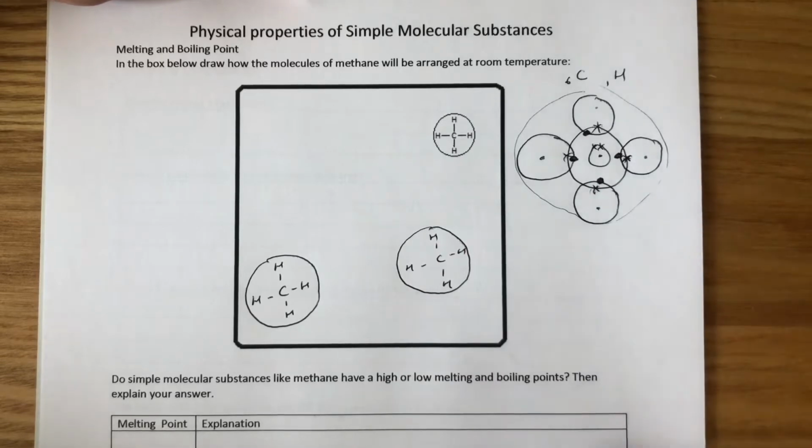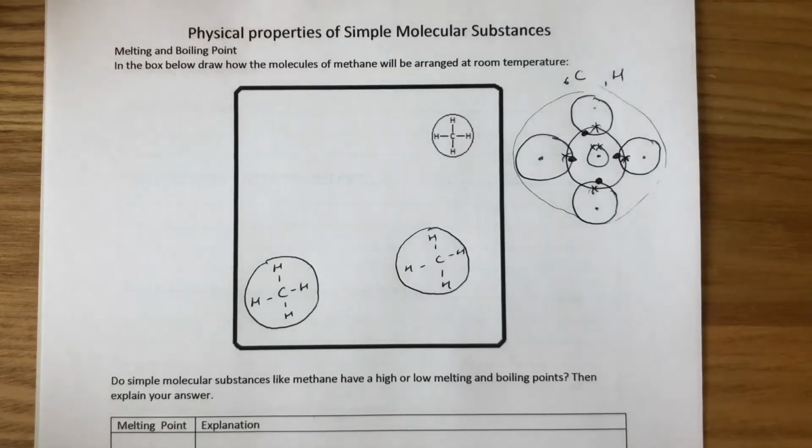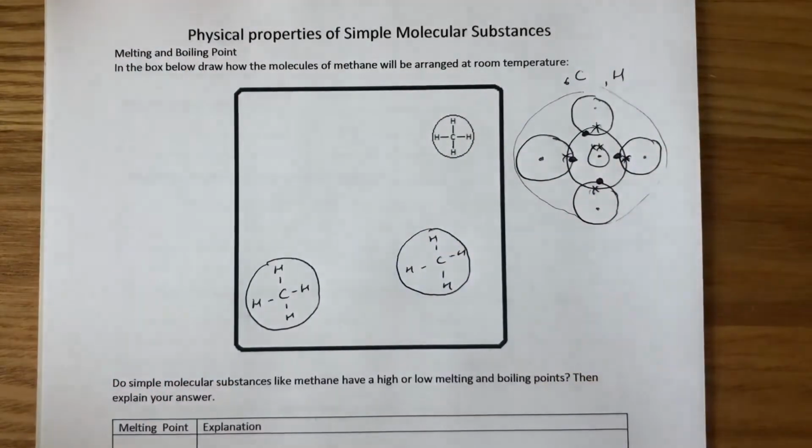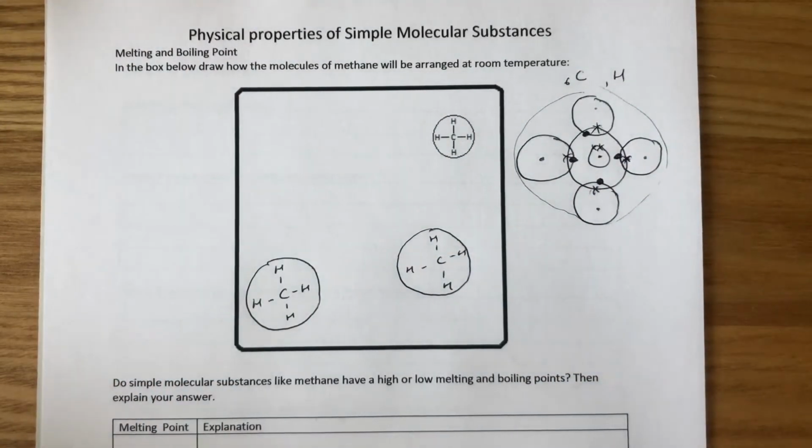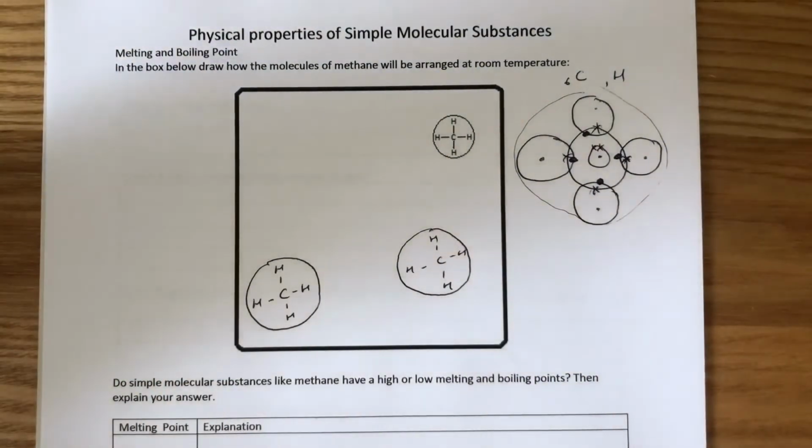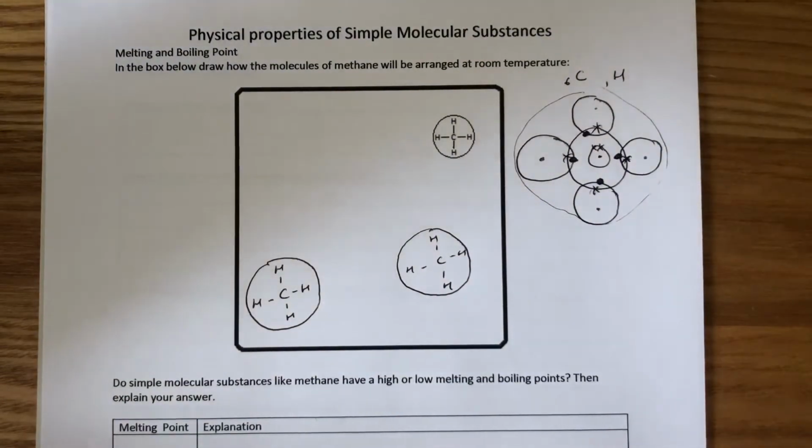Okay, so what we have to do with all the different types of substances, ionic, covalent and metallic, is be able to talk about their physical properties. By physical properties, we mean melting points and boiling points. Now, ionic substances had high melting points because the oppositely charged ions were strongly attracted to one another.